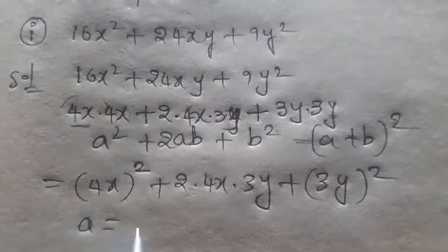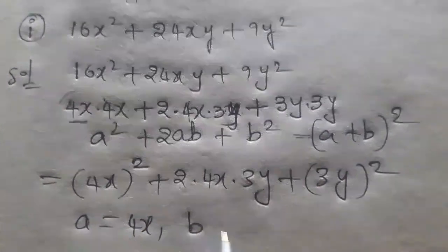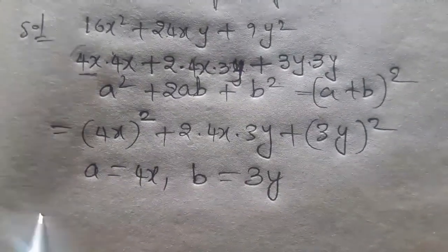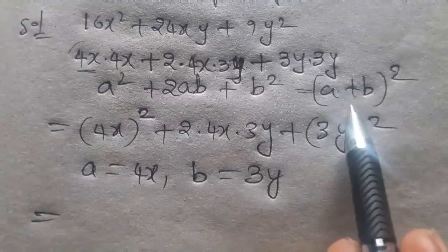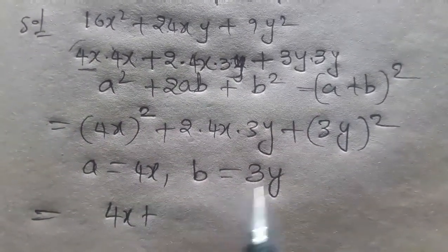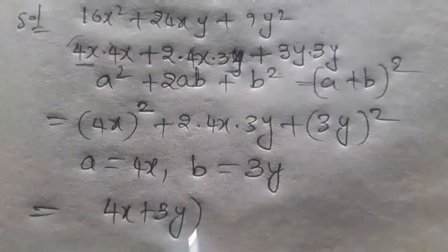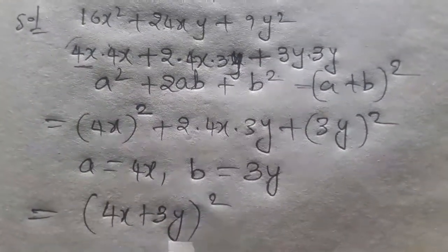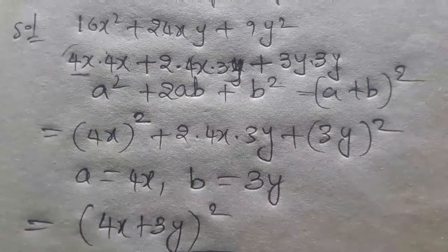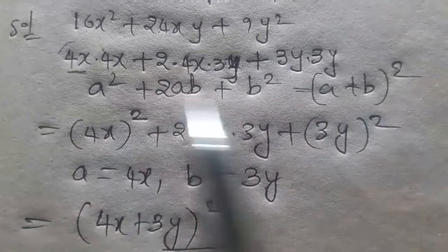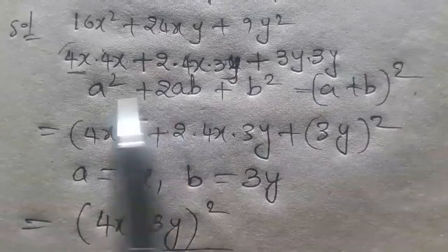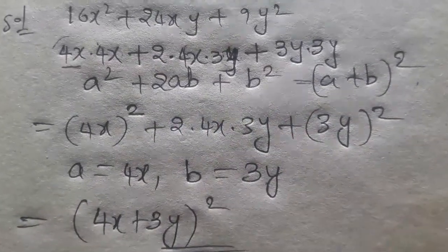Here a is equals to 4x, b is equals to 3y. Now this can be written in the form a plus b whole square, that means 4x plus 3y whole square. So this is the answer of the given question. Understand all of you which identity is useful here. That means a plus b whole square is equals to a square plus 2ab plus b square, isn't it?